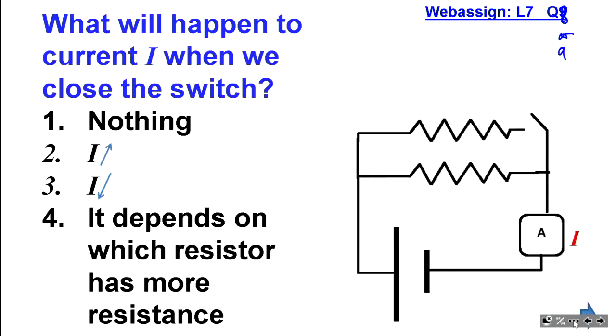It's plugged in, red, black-ish. I'm measuring electric current. Now I have a second bulb and a switch. How do I have to connect it?